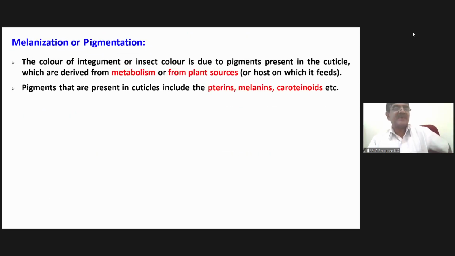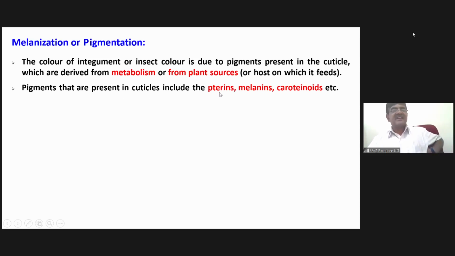The last aspect is melanization or pigmentation, which is the use of different colors. The color of the integument, or insect color, may be due to the presence of various pigments, and these pigments may be derived from metabolism or from the plant sources on which they feed.